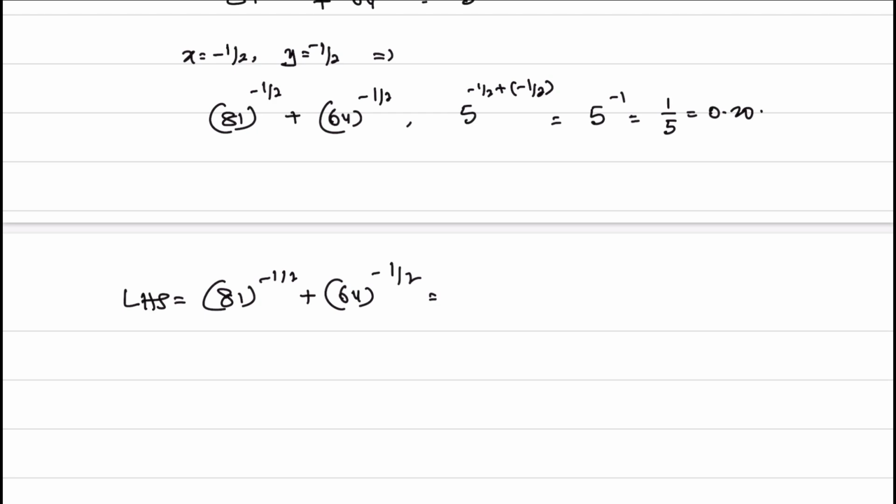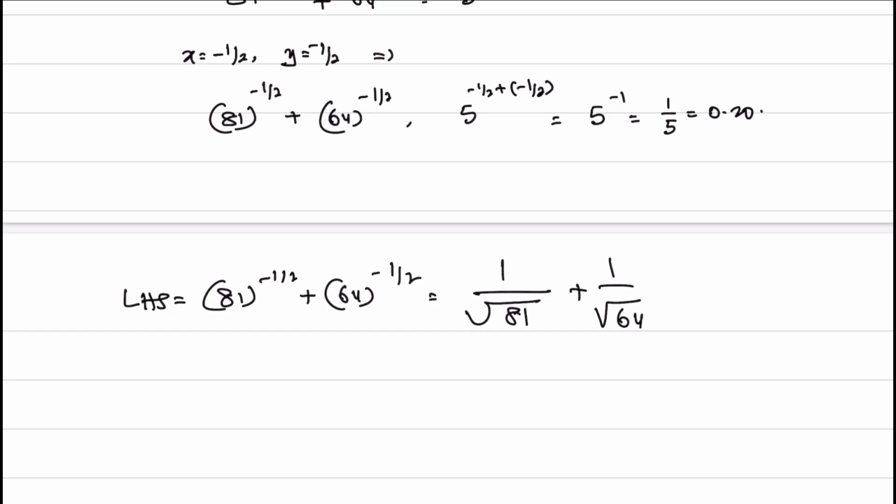If I approximate this value, it is 1 by square root of 81 plus 1 by square root of 64. Let us take an approximate value. If I approximate, what happens?